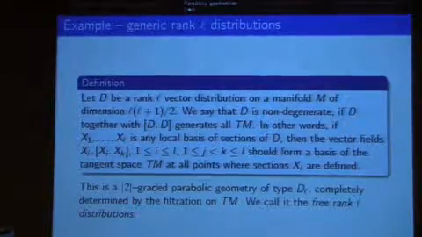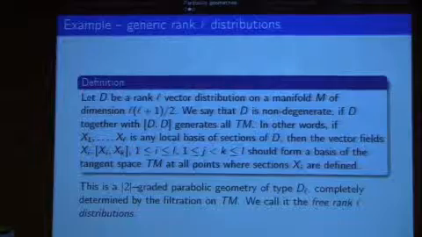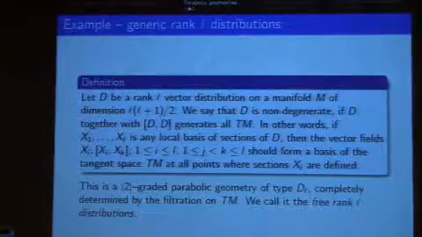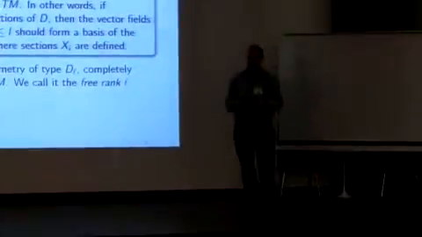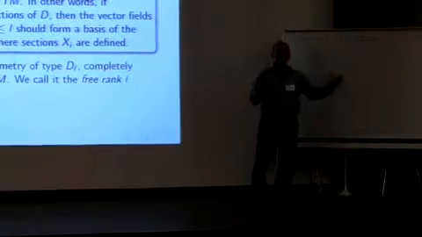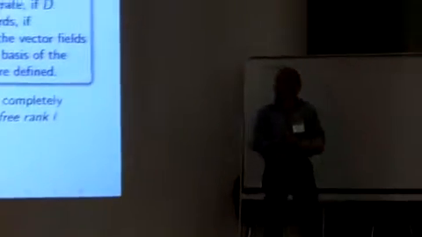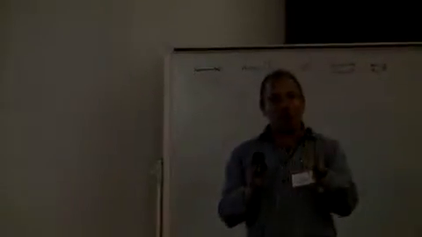If you imagine what it means, such a distribution should be regular in the sense I used for the CR structures, it means it's bracket generating the whole tangent space, and it should be bracket generating just in one step.